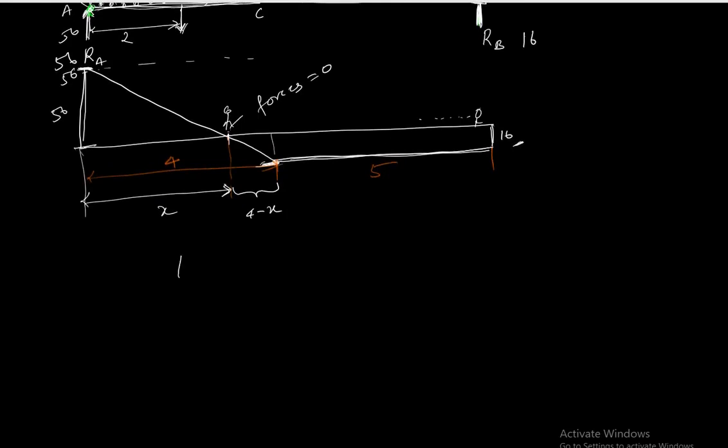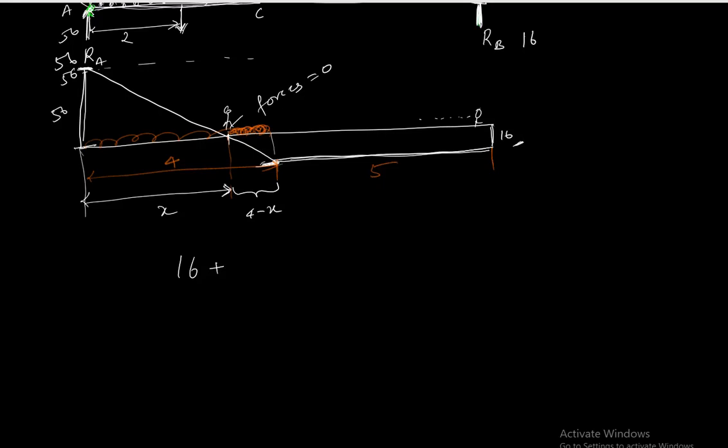So the 16 that you see, plus there is a uniformly distributed load from all the way from here to here, right? So we need to know the weight of this part, how much that weight is. Okay, and how do we find that weight?